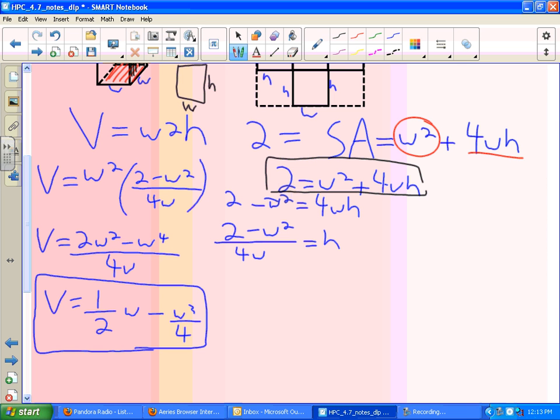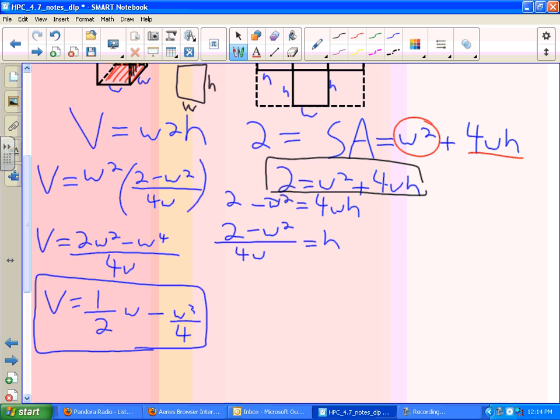I don't understand where you're getting, like, I don't make sense. You want to come up and show? It says volume of the box is a function of the base width. How do you know what that looks like?